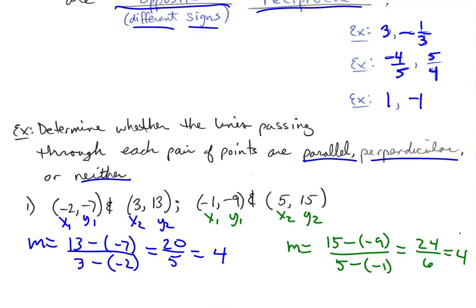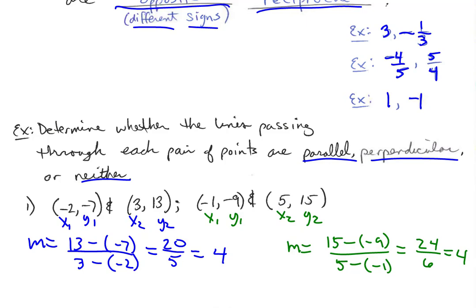Okay, so let's try to conclude what's going on here. The question we were working on said to determine whether the lines passing through each pair of points are parallel, perpendicular, or neither. Well, directly above we have our definitions for parallel and perpendicular, and notice both definitions involve the slopes. So if our slopes meet the definitions, that'll tell us. If they don't meet either definition, that would mean neither.